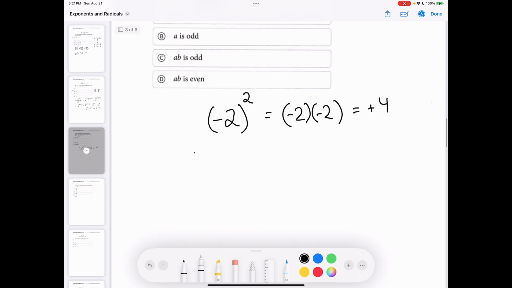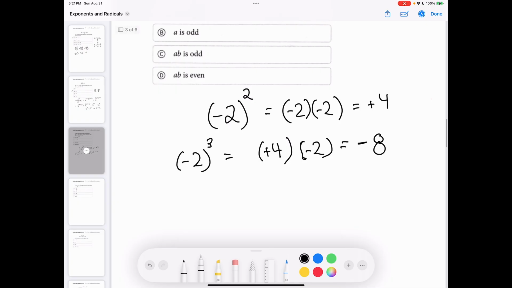But now let's say I have -2 to the third power, right? That's going to be equal to -2 times -2 times -2, okay? So we know that -2 times -2 is going to be equal to +4, right? So let's rewrite this. And now I have a positive number multiplied by a negative number. And if you remember, if you have two numbers multiplying that are of different signs, one is positive and one is negative, you'll end up with a negative value, right?